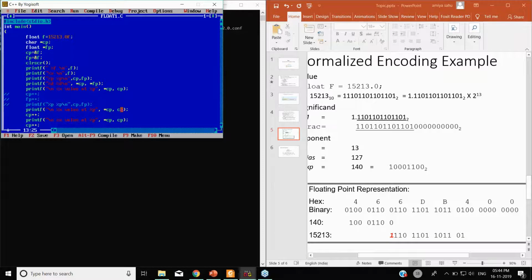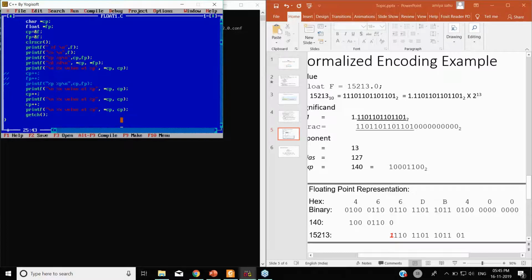CP is the character pointer that points to the initial location of the float value, and star CP is the value at that point. Then I increment the character pointer, go to the next address and see its corresponding value at that location. Similarly, go to the next location and its value.